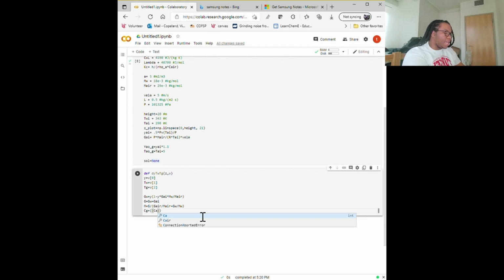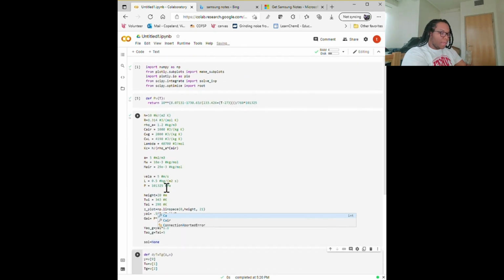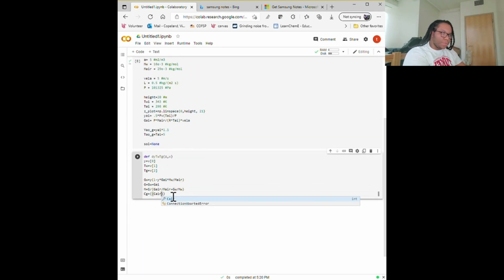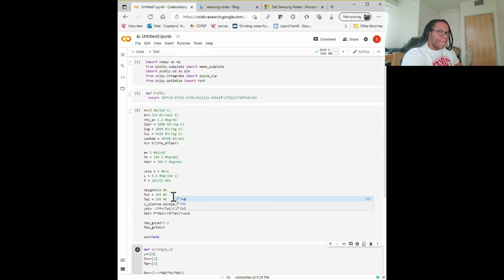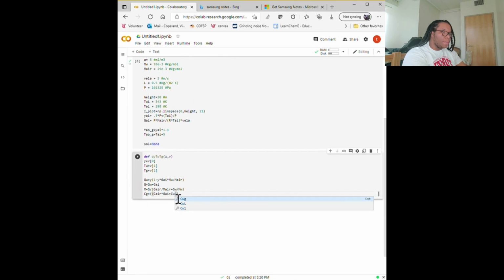Specific heat of our air times our mass flow rate, and then that's going to be added by our specific heat of water. Did I call it CW? CWG. Multiplied by our mass flow rate of water. And then that's going to be divided by our gas.